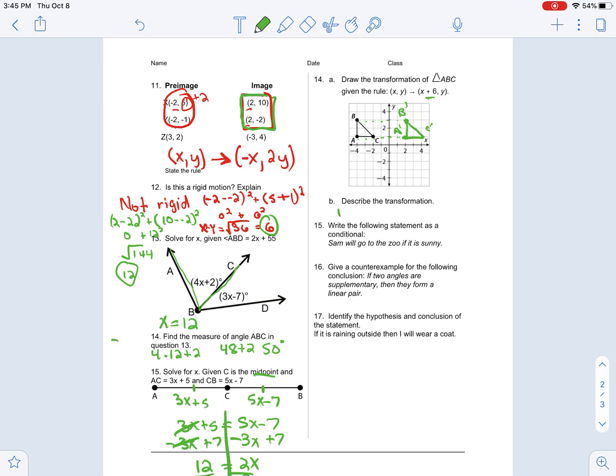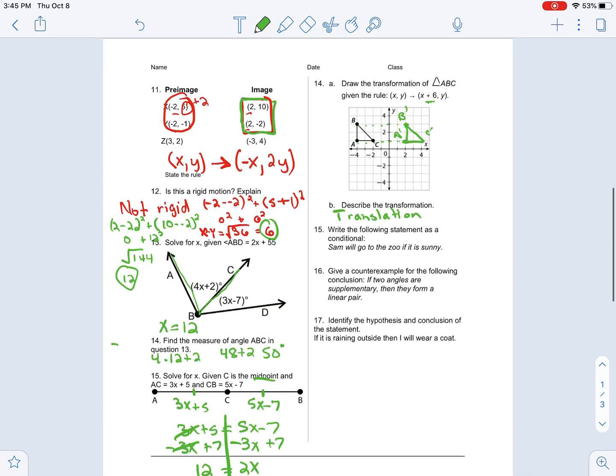So we would describe this as a translation because it moved it over. Again, we could have done it this way: -4, 3, -4, 1, and then -2, 1.